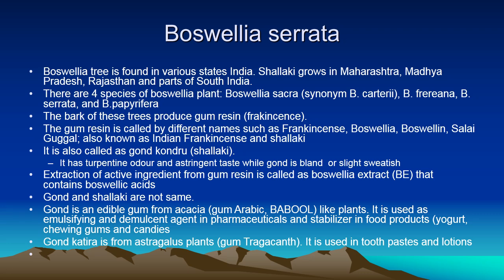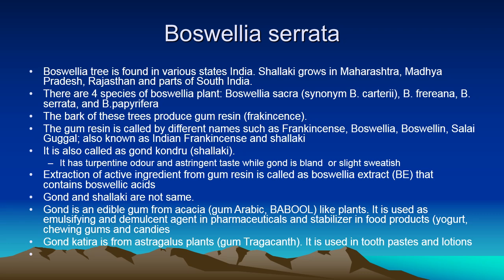There are 4 species of Boswellia plant: Boswellia sacra, Boswellia frereana, Boswellia serrata, and Boswellia papyrifera. The serrata species is well studied. The bark of these trees produces gum resin that is commonly known as frankincense.